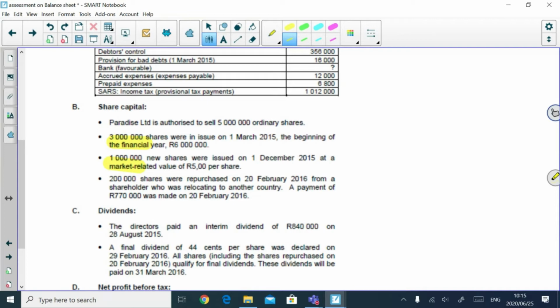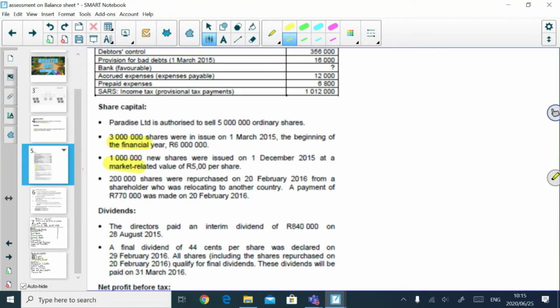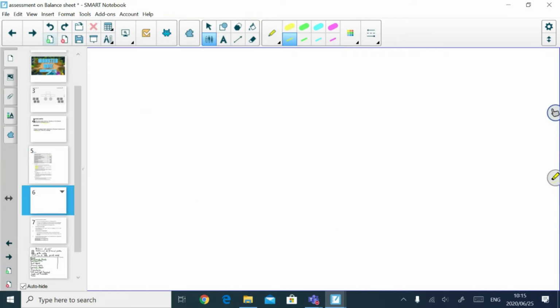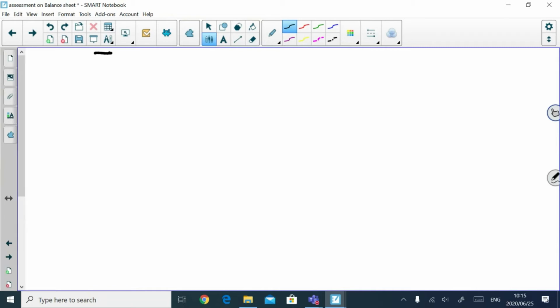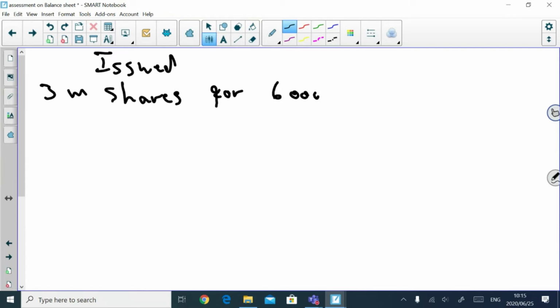So your 3 million, issued shares. Issued how many? 3 million, which is 3 million shares for 6 million, of which is 2 rand per share, isn't it?